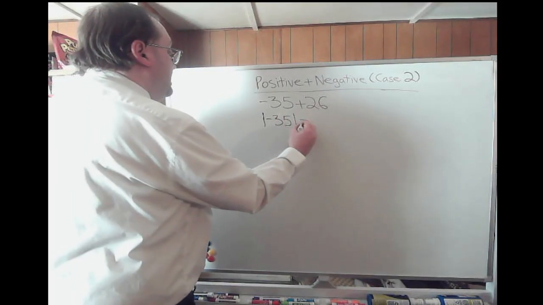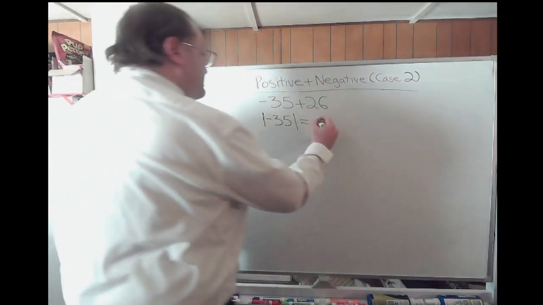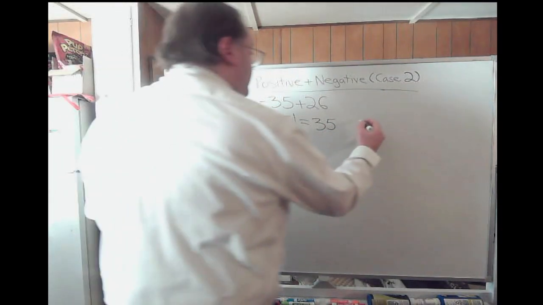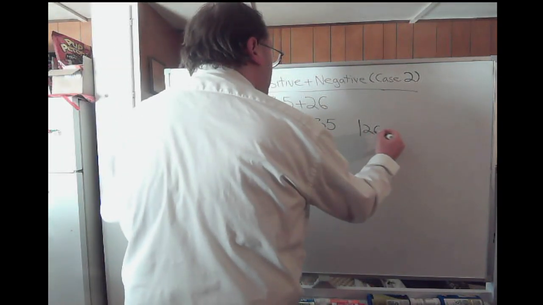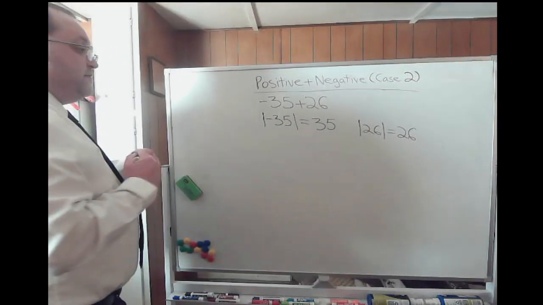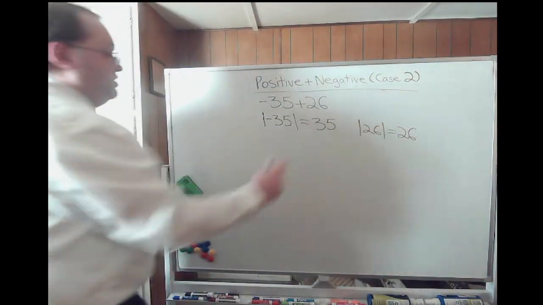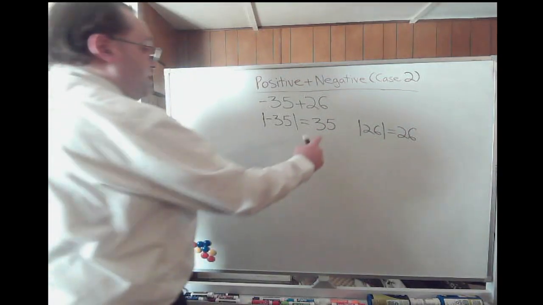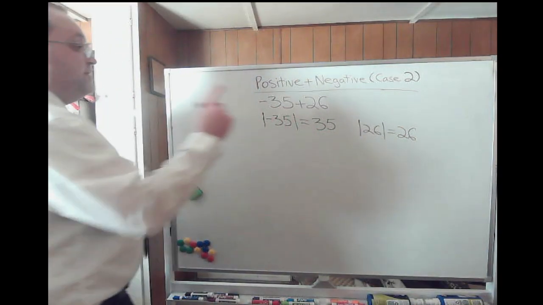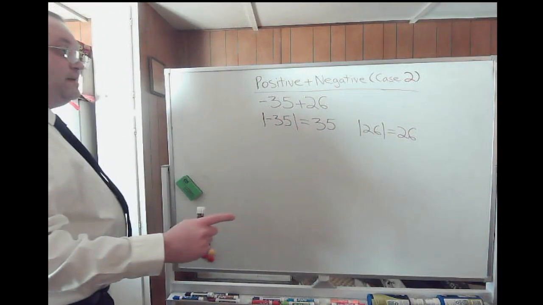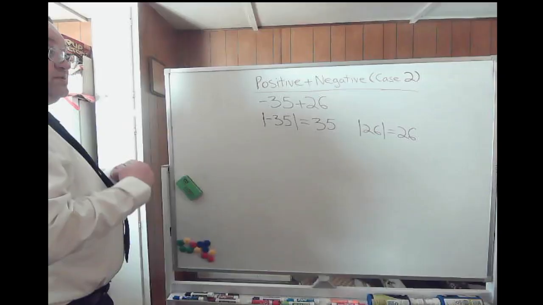The absolute value of negative 35 is positive 35. The absolute value of positive 26 is just going to be positive 26. Find the bigger absolute value result. In this case, it's 35. If the bigger number's absolute value is negative, you're going to get a negative result.